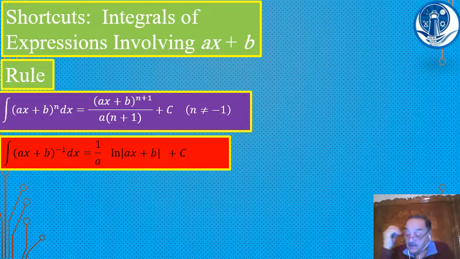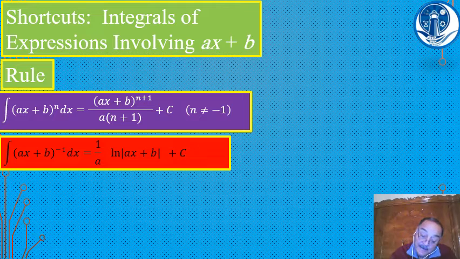Okay, next, (ax plus b) all power negative 1 will be 1 over a, ln of (ax plus b). If you remember, the derivative of ln x equals what? Equals 1 over x. Then we can write 1 over (ax plus b), and it will be ln (ax plus b).